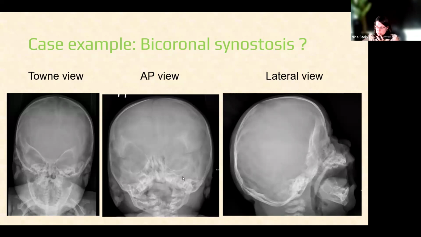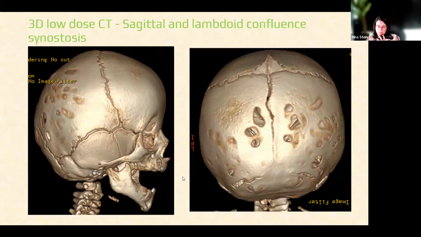So in this particular case, a CT was done to clarify, and interestingly enough, what we found was stenosis of the confluence of the sagittal and the bilateral lambdoid. So completely unexpected and almost simulating bicoronal synostosis.